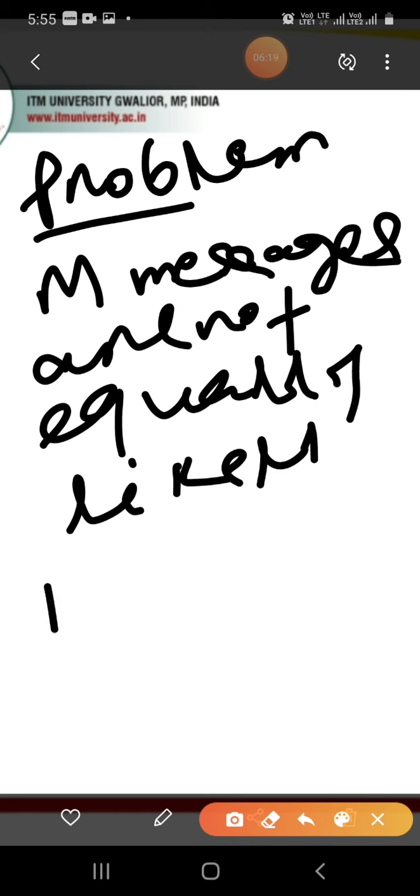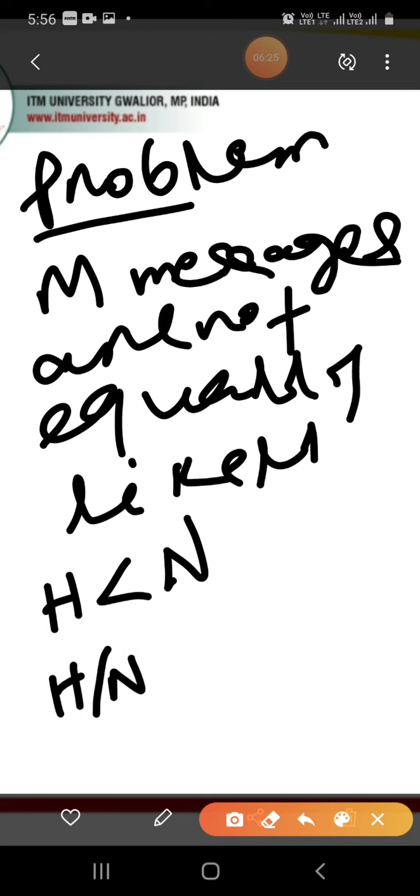Then H is less than n, or H by n will be less than 1.